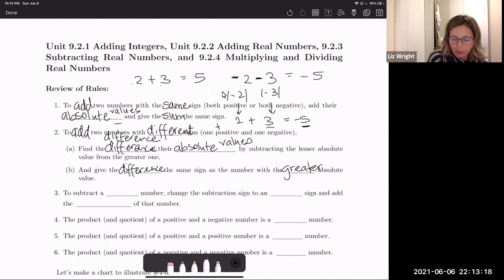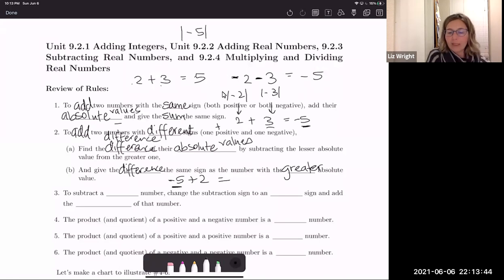So for example, if we've got -5 plus 2, because the larger absolute value. So, okay, back up. If we take the absolute value of both these numbers, the absolute value of -5 is 5. Because remember again, just the definition of absolute value. Absolute value, by the way, is those vertical bars like that.